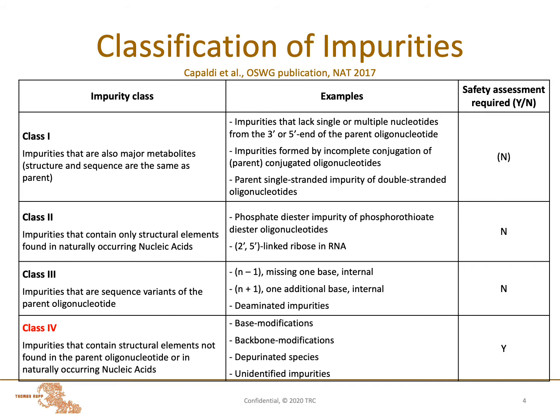Publication looks like this. The first class, or class 1, these are impurities that are also major metabolites, which means the structure and the sequence are the same as the parent compound. And examples for that would be impurities that lack a single or multiple nucleotides from either the 3' or 5' end of the parent molecule.